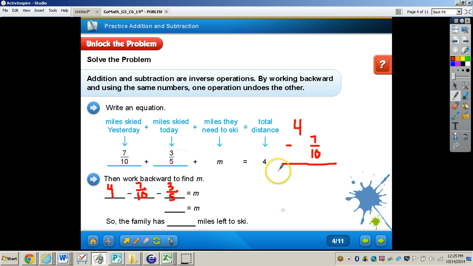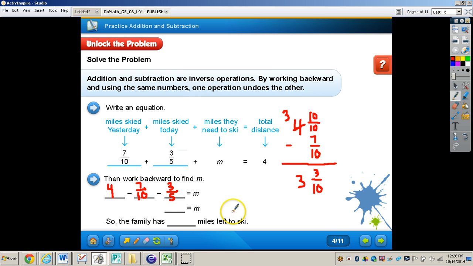So what we're doing is taking 7/10 away from 4 first. We're going to change that 4 to a 3, and then put 10/10 over here. Now 10/10 minus 7/10 is going to give us 3/10. Now we have 3 and 3/10.